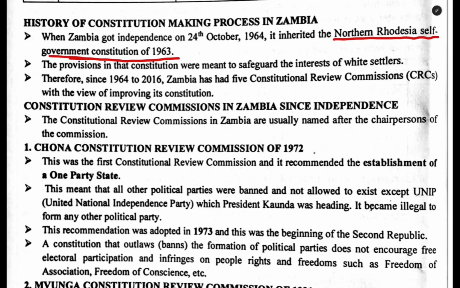I've seen such a question in the past papers, so this is one of the things that you need to know. So from 1964 to 2016, Zambia has had 5 constitution review commissions. We are going to refer to them as CRCs.